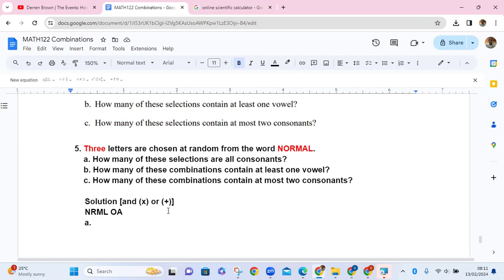So we have to use that in our analysis. Now, the word normal has 4 consonants and 2 vowels.